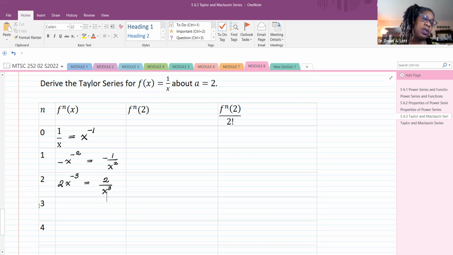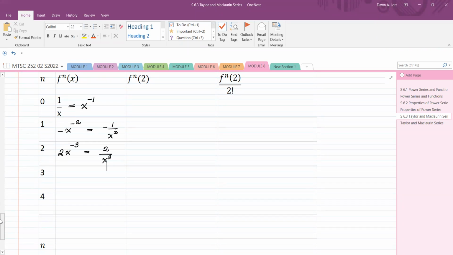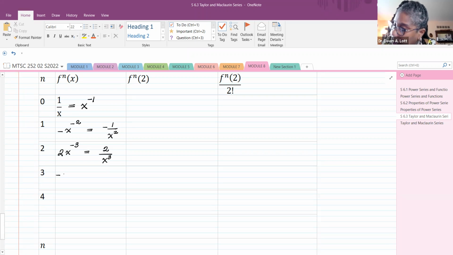Okay, so Rodney, can you give me the next one? Is it going to be 3x to the negative 4? Okay, so the 3 is going to come down and I'm going to get negative 3 times 2, x to the negative 4. That is correct. And I'm going to write that as 3 times 2, but it's negative, over x to the 4.